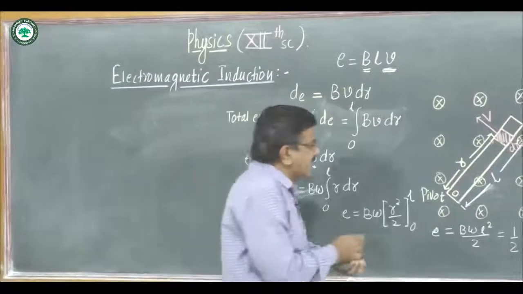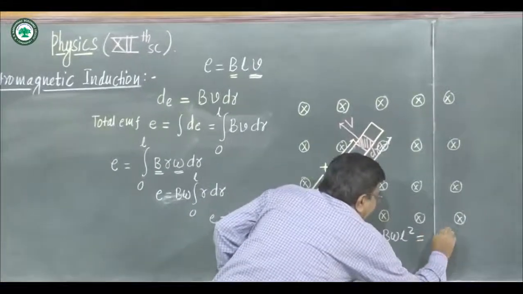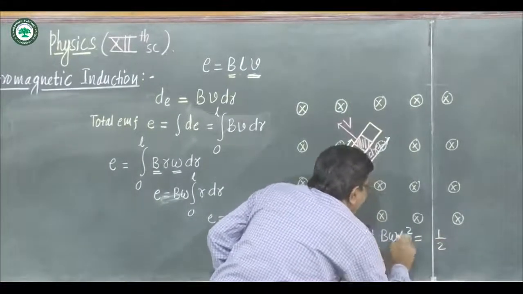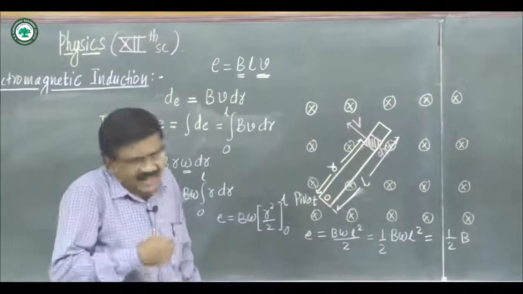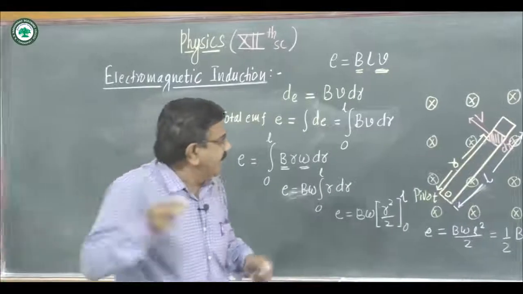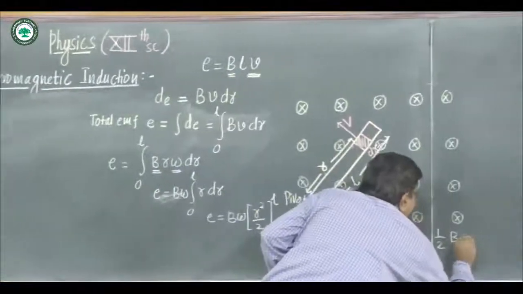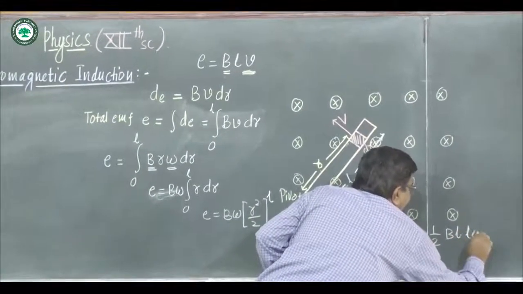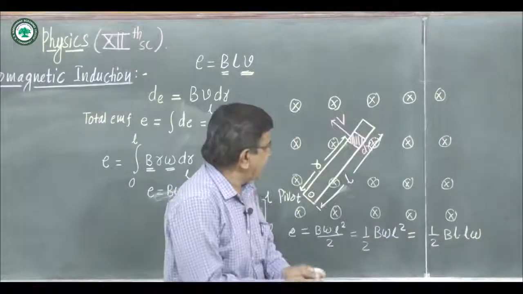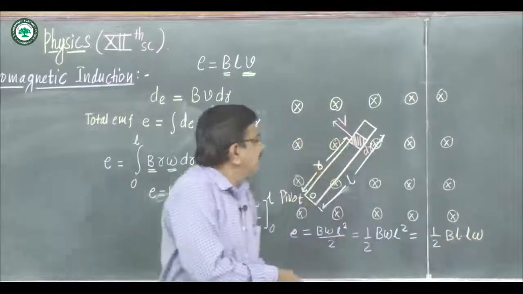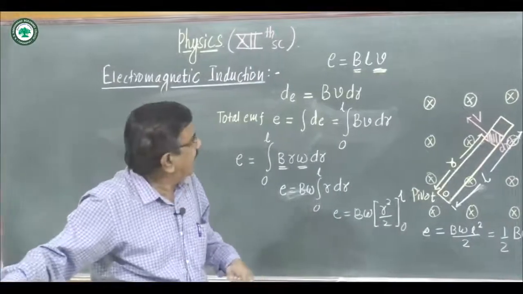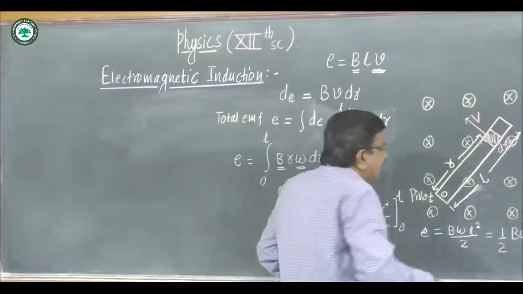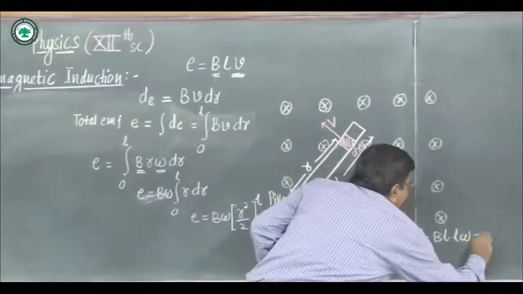We write it as 1/2 B L square omega, and we write L square as L into L, so BL into L omega. But L omega is velocity. So the EMF is 1/2 BLV.